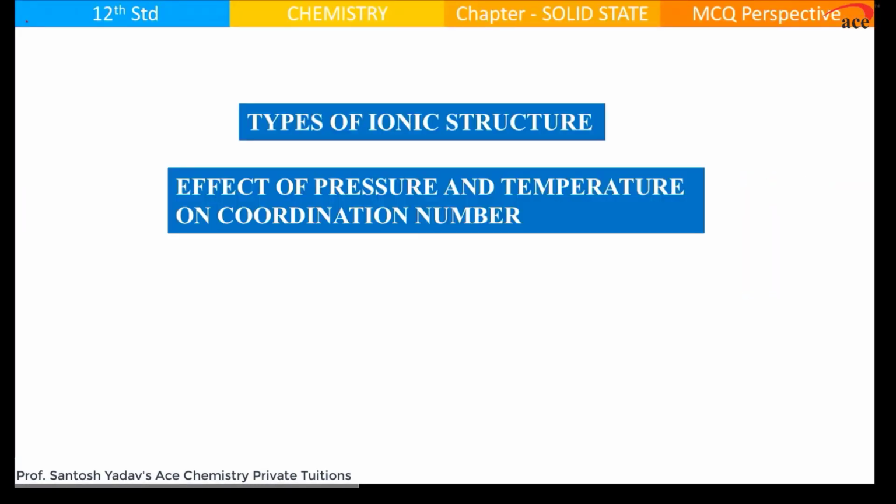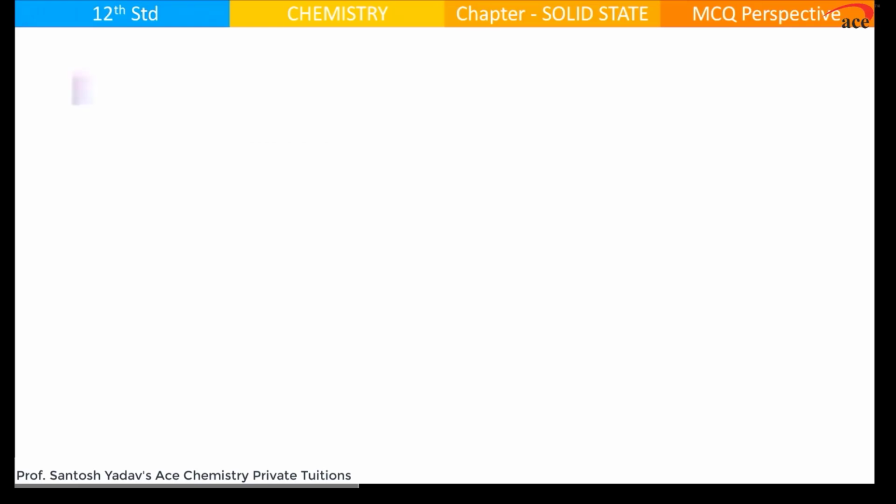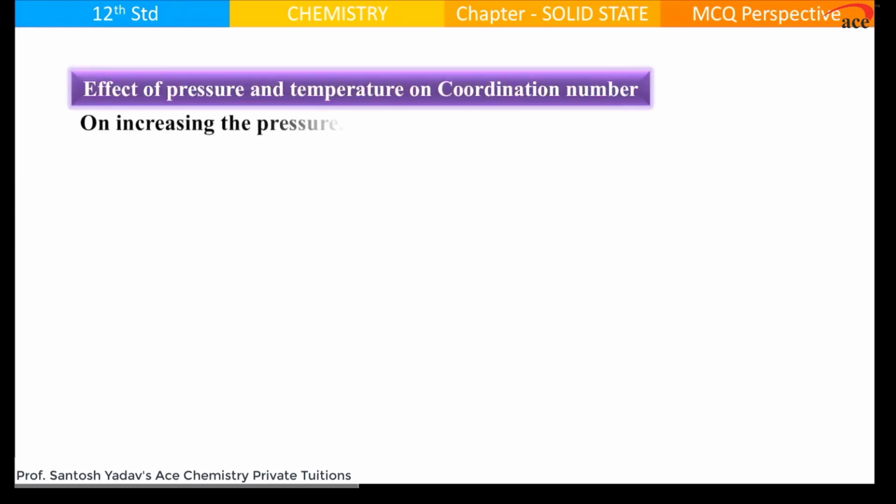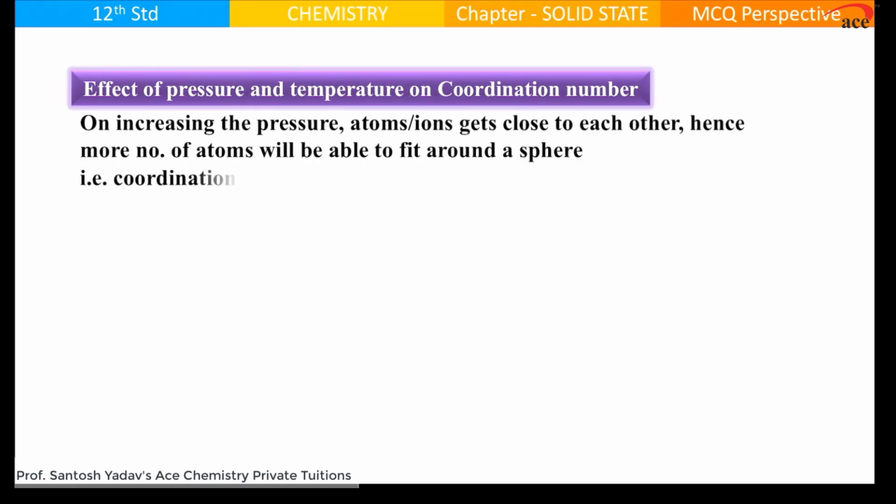So, we stop here. In types of ionic structure, under that, the effect of pressure and temperature on coordination number of ionic solids. Now, on increasing pressure, what exactly happens? Imagine such an arrangement, and you increase the pressure on the solid.